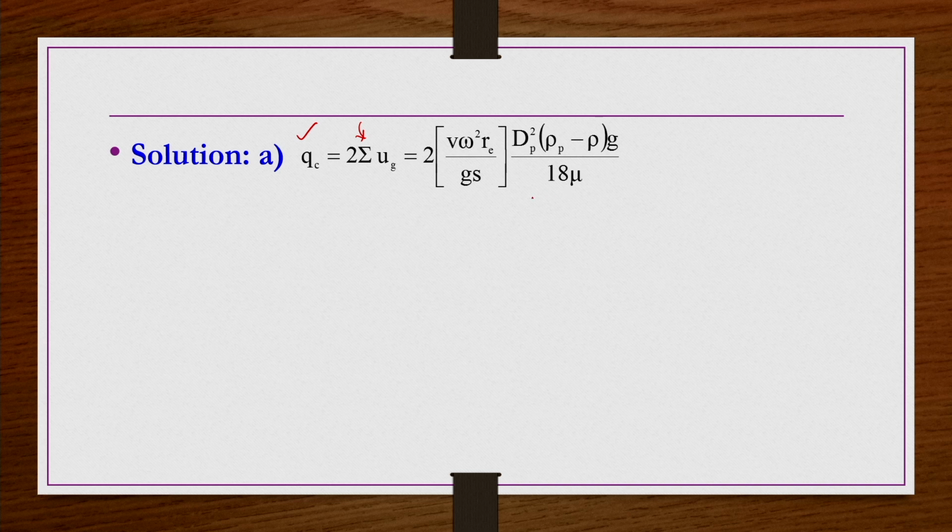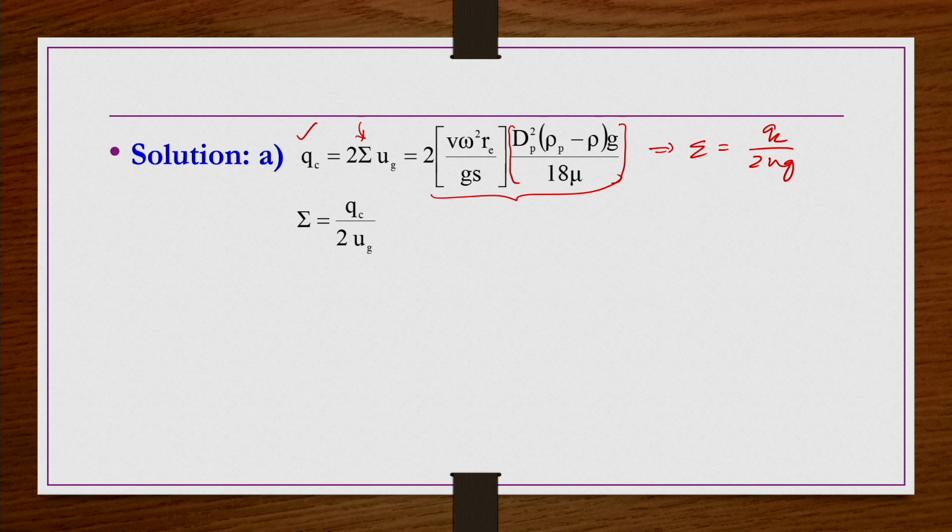If you wanted to use this part of the equation, you need to know omega, S, V and all these things which are not given. So what you can do is use sigma equals Qc by 2 Ug, because Ug you can calculate, since dp, rho p, rho and mu are given.